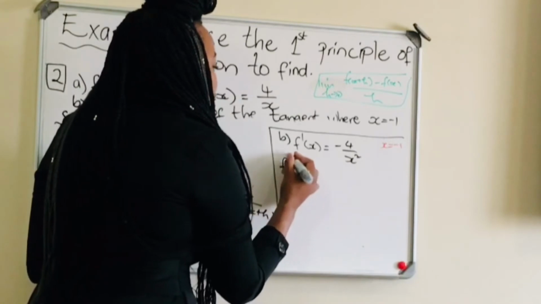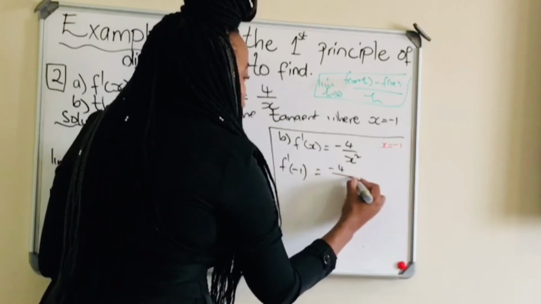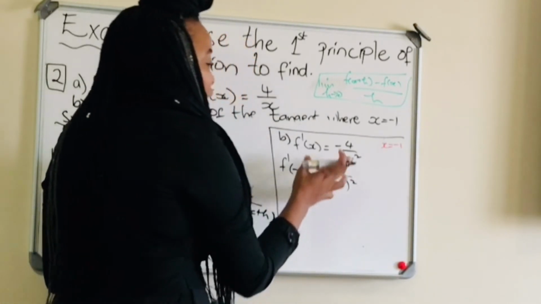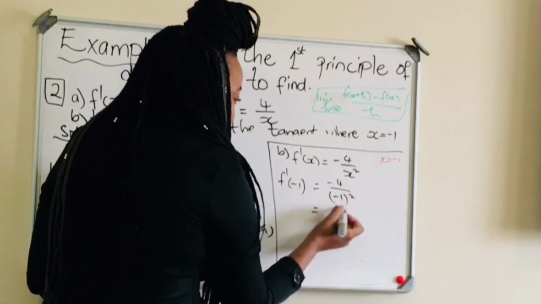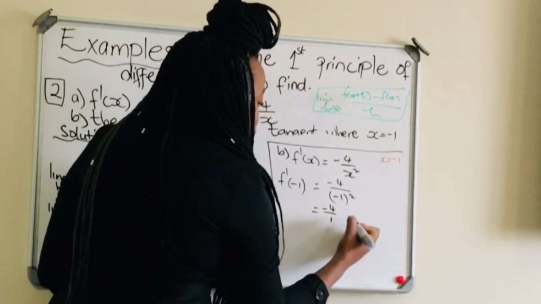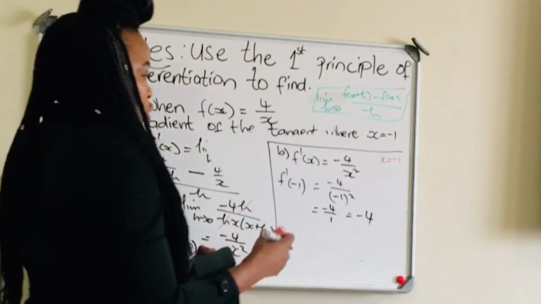What about f prime of negative 1? F prime of negative 1 is negative 4 over negative 1 squared. Please don't just assume, because sometimes you make this mistake when squaring a negative number: when it's in brackets, you are going to get a positive. So I have negative 4 over positive 1, which is negative 4. Then you found that this is your gradient.